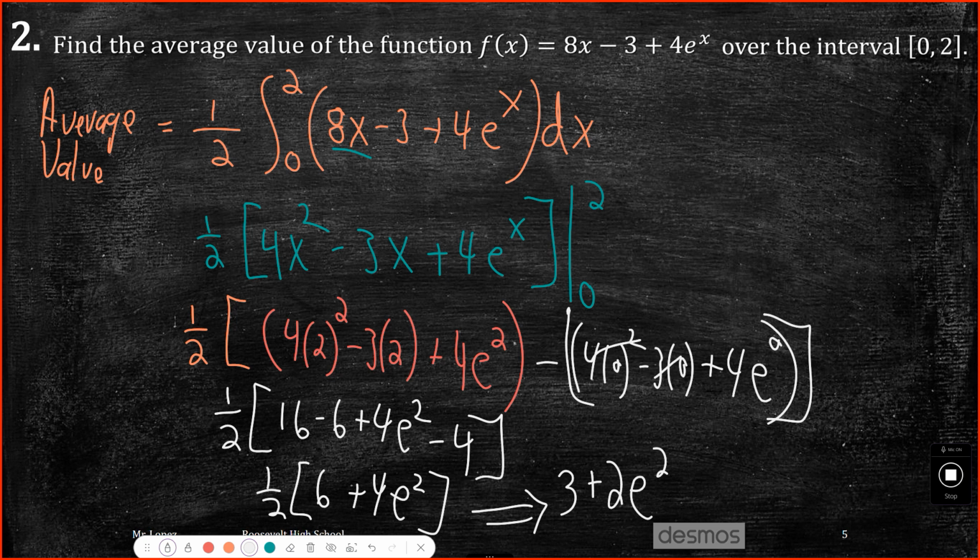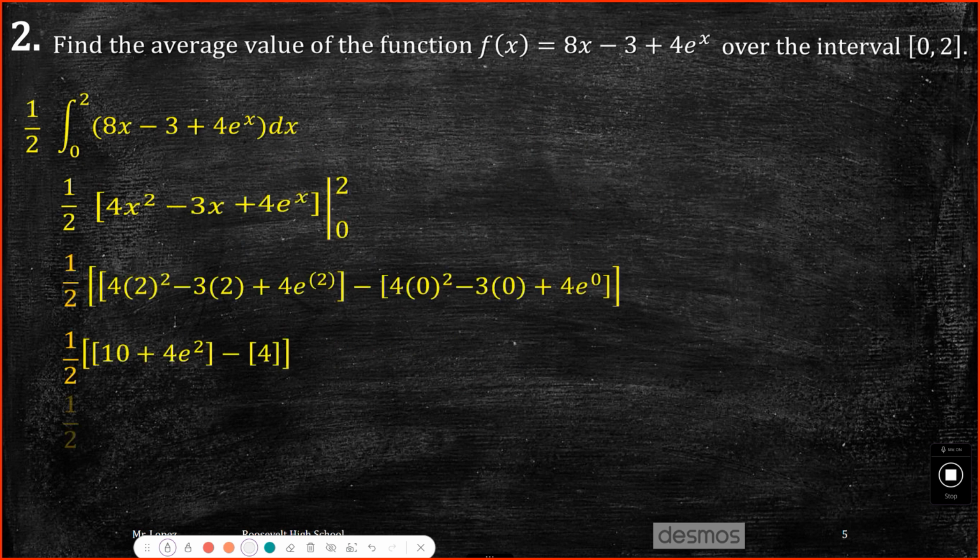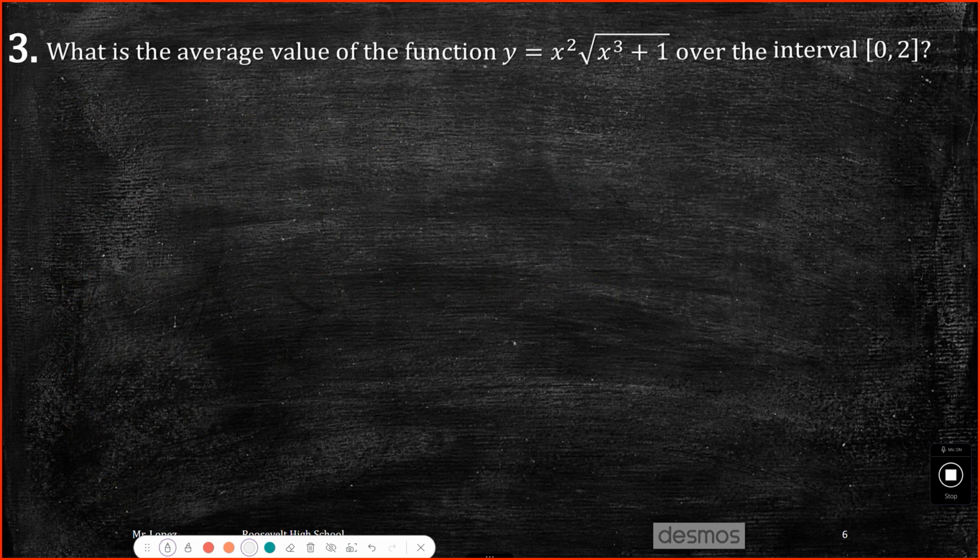So the answer should be 3 plus 2e squared. Yeah, so it's going to be 3 plus 2e squared. All right, let's do one more.